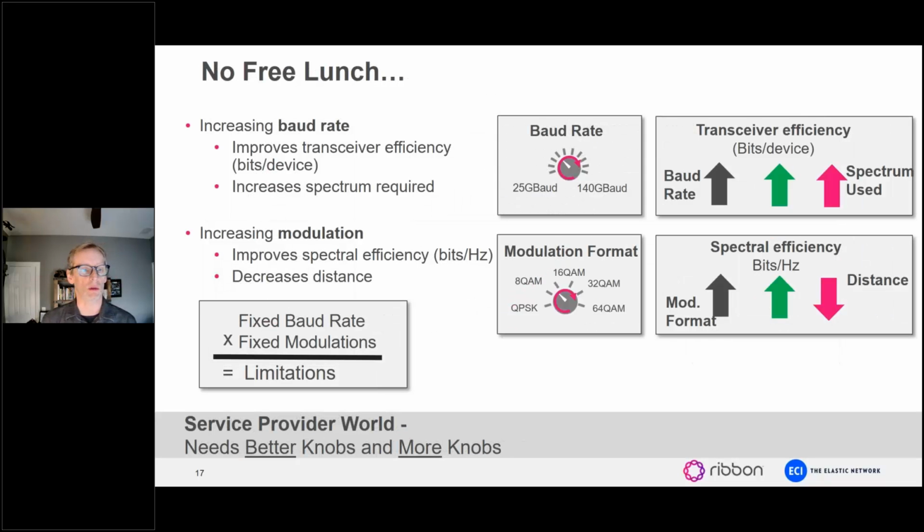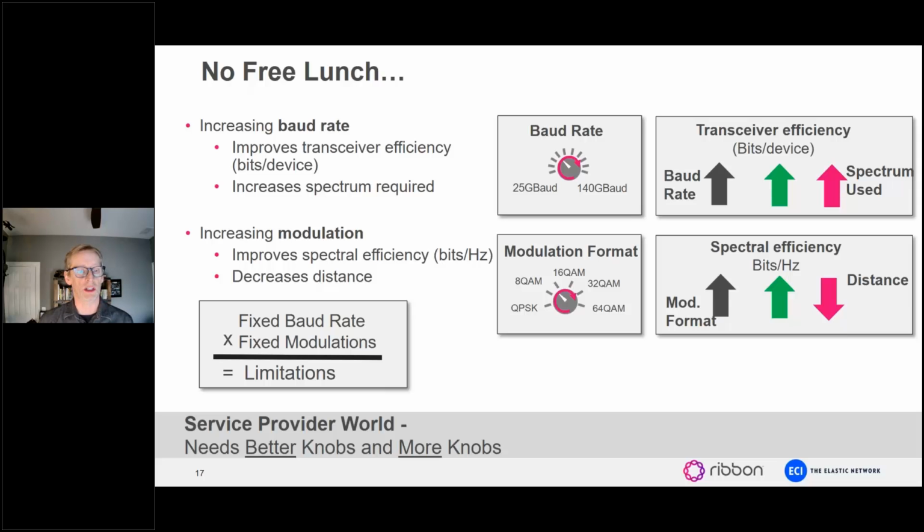And that gets you to the world of no free lunch. If you increase the baud rate, that's a good thing. It improves your transceiver efficiency, or how many bits per device you're actually sending, but it requires more spectrum, and depending on how many wavelengths you have, you may not have enough, so you've got to watch for that.